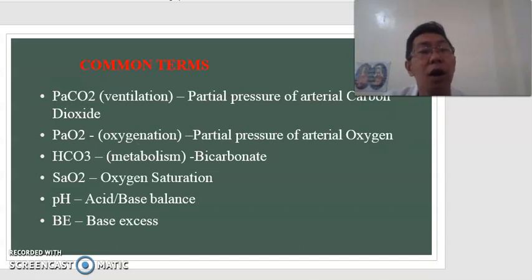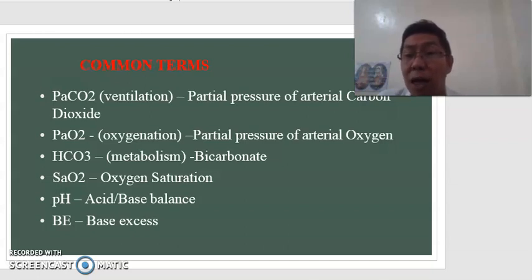These are the common terms that we should know. PaCO2 is all about ventilation. This is the partial pressure of arterial carbon dioxide, the amount of carbon dioxide in the artery. PaO2 is all about oxygenation, the partial pressure of arterial oxygen.